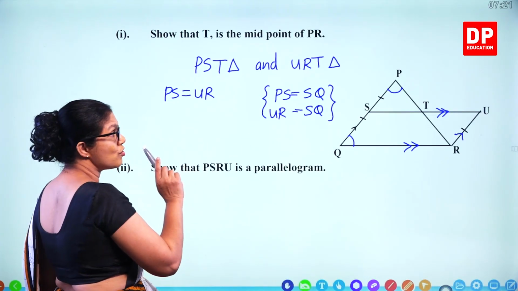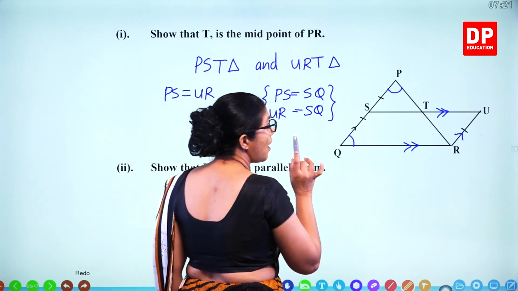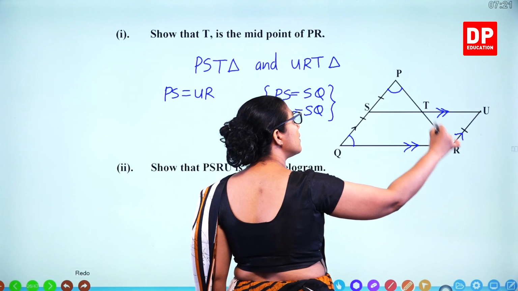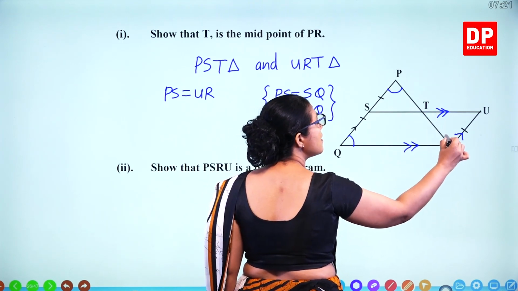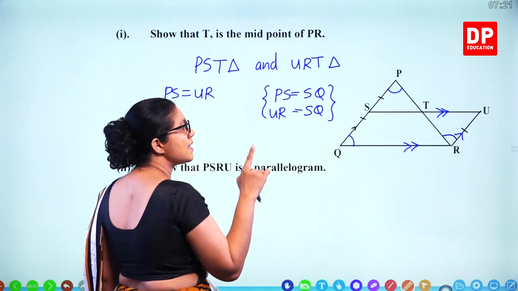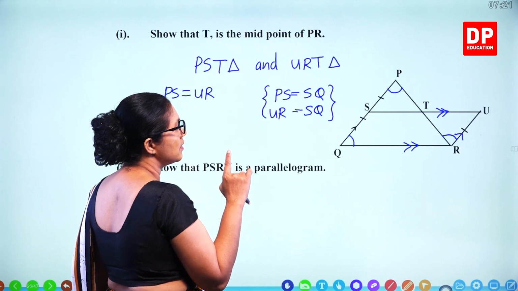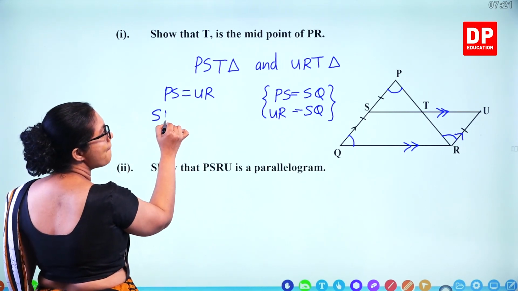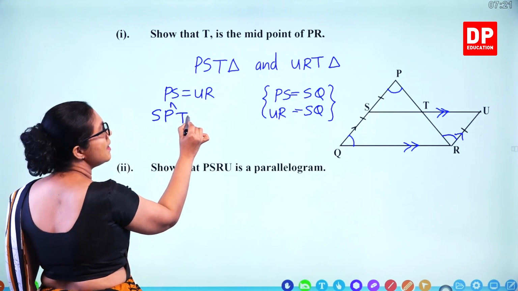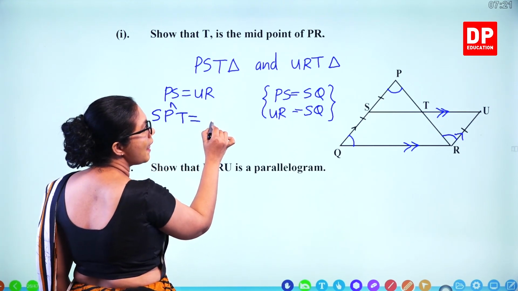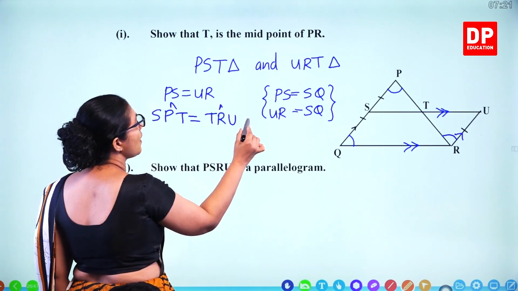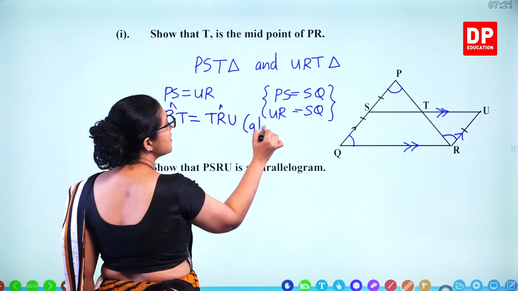Now we have to show another angle is equal. Look carefully, these two lines are parallel, so this angle is equal to this angle. Alternate angles are equal. So we can write angle SPT is equal to angle TRU, alternate angles.